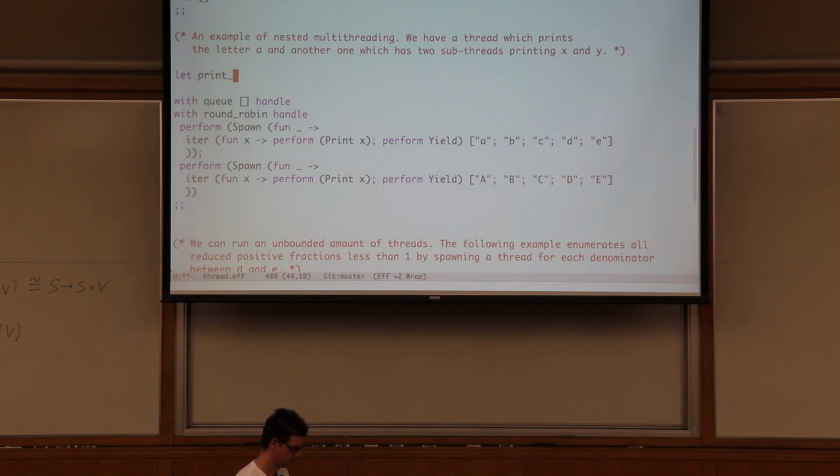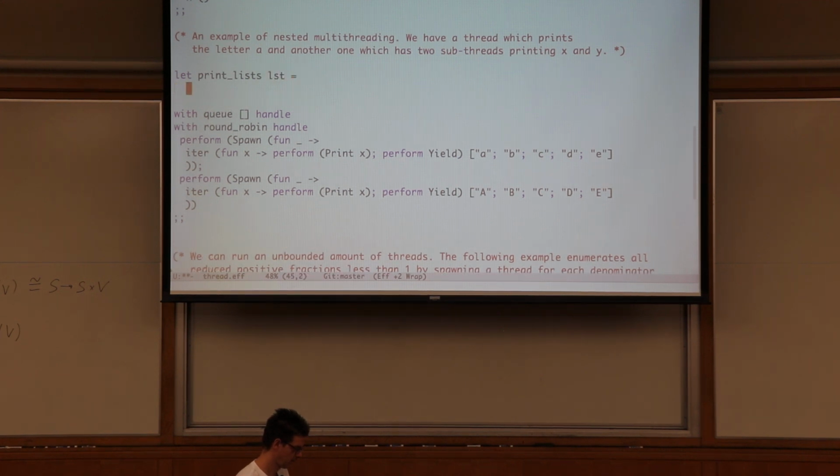Let's have an auxiliary function, print list, iter. So we iterate on the given list. We take a list and we iterate on it, and what we do is we perform print, which is built into F, so this one is already built in. This will be the top level print.